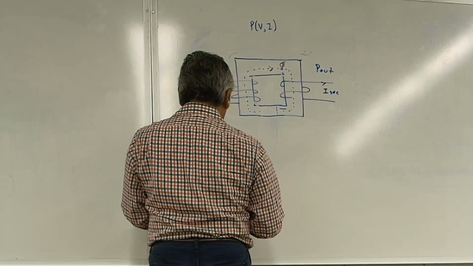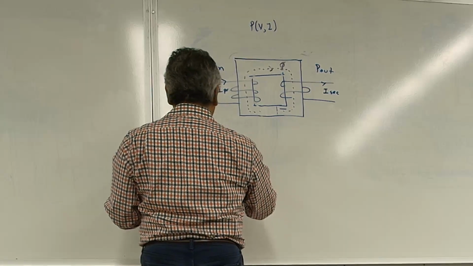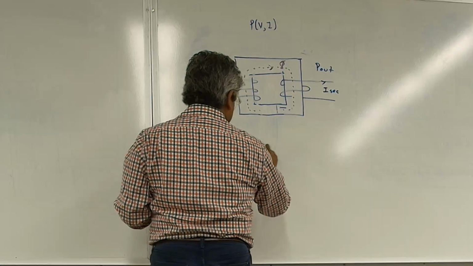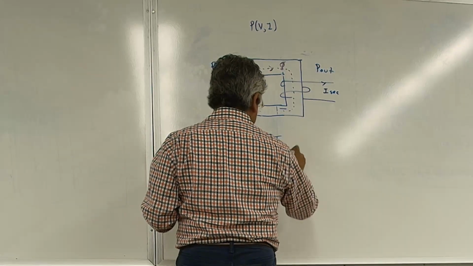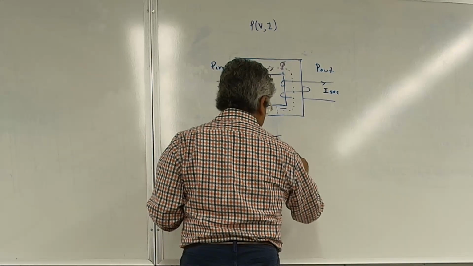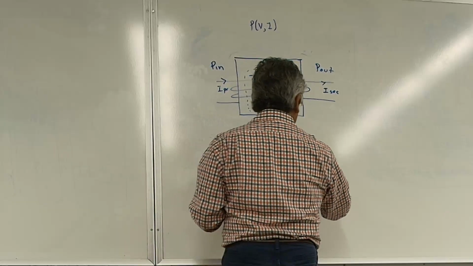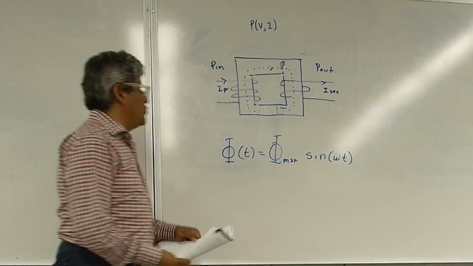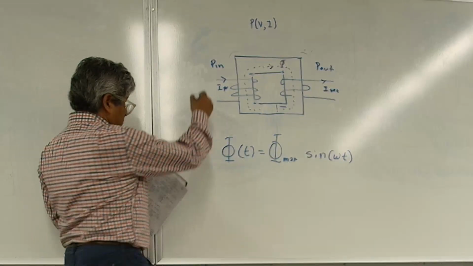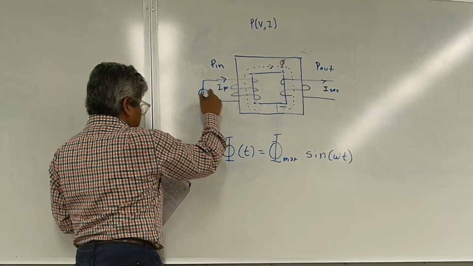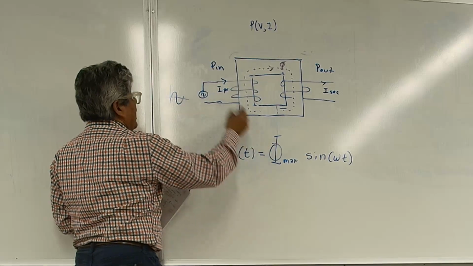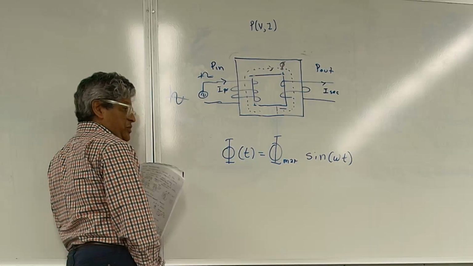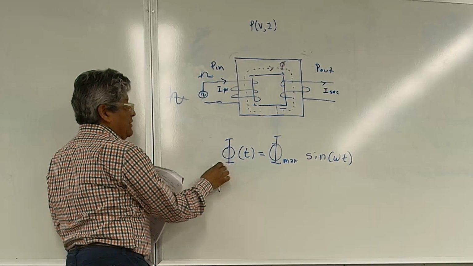All right, so the formula for flux as a function of time is φ(t) = φmax sin(ωt). Okay, so here, once again, you have a source right here. It's an AC source. Current is an AC current. Obviously, your flux is a sinusoid, and it's represented with this equation.